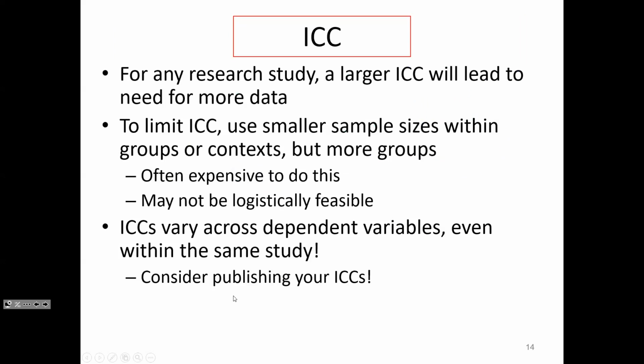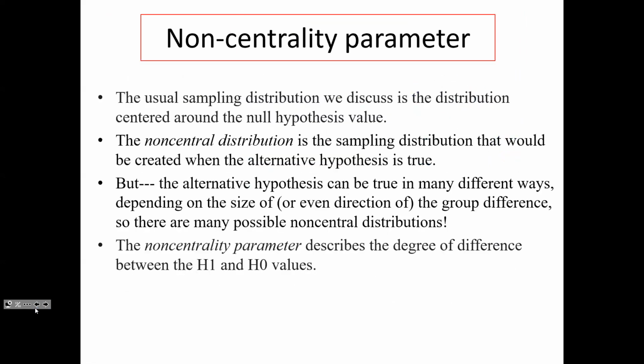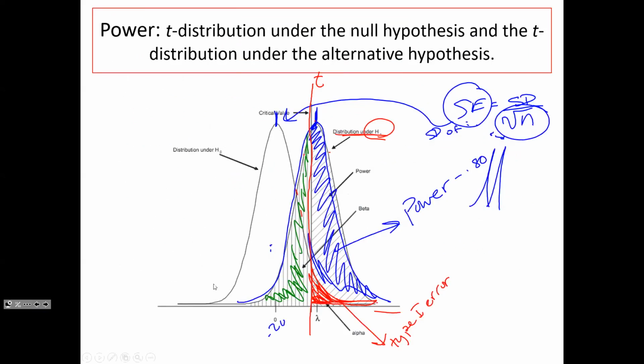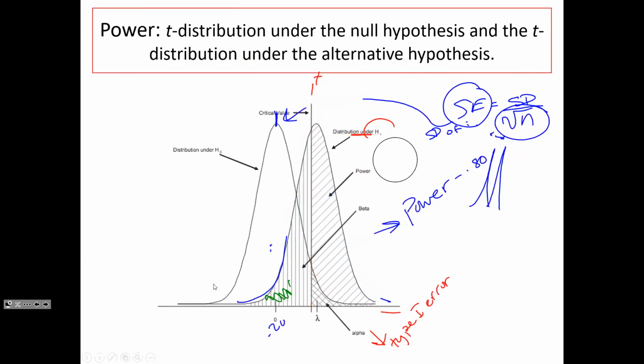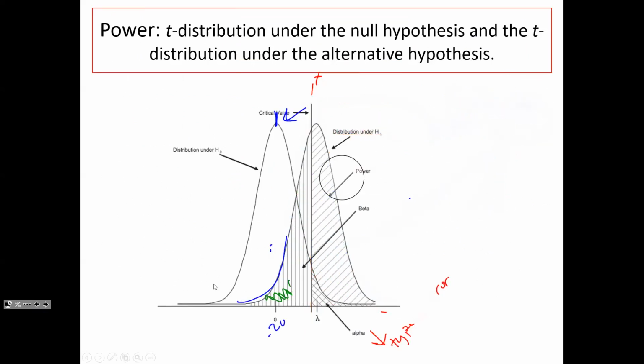So you can see, back here for a second, our picture, you can really see what's driving power. Obviously, alpha is driving power because that determines where I put the critical value. If I set alpha higher, or lower, then my power goes down or up because I have less or more on this side.